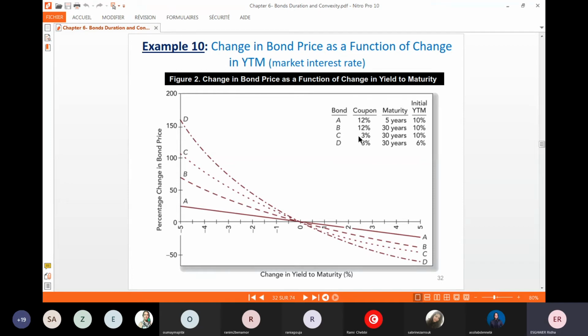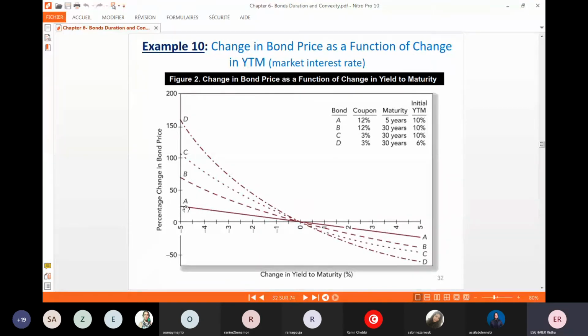But the first one, A, has a 5-year maturity and the other, B, has a 30 year maturity. Here we see the variation of the price of bond A, look at the shape of the variation. The variation of the price of B for a change in the yield to maturity is higher than the variation of the price of A.